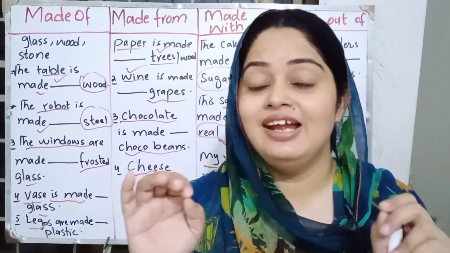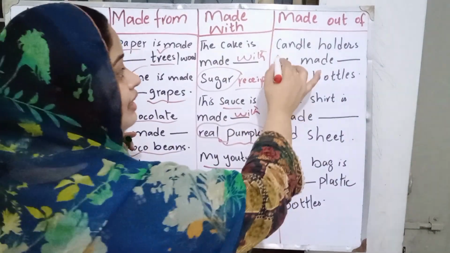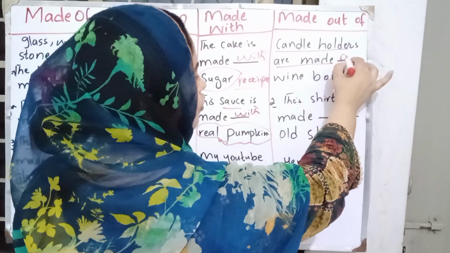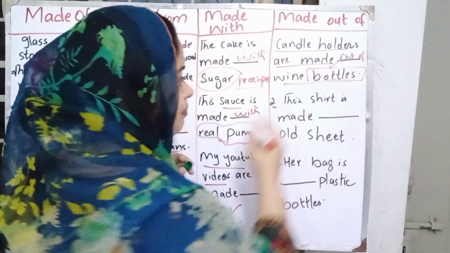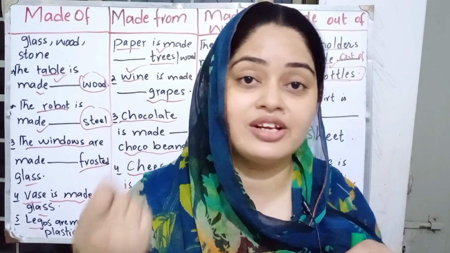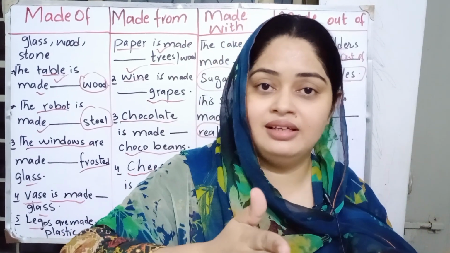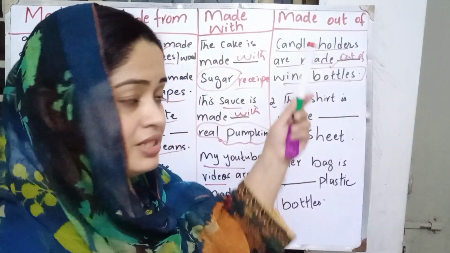For example, in 1970, it was a trend: candle holders were made out of wine bottles. Wine bottles were already present, but out of our creativity, out of recycling, we made them into a new item, that is candle holders.